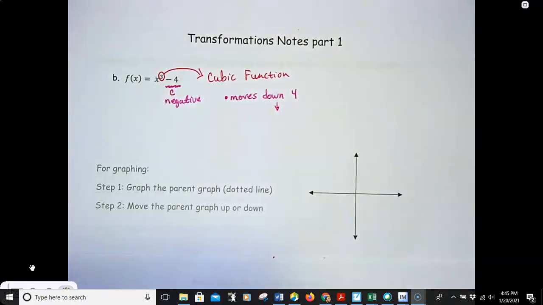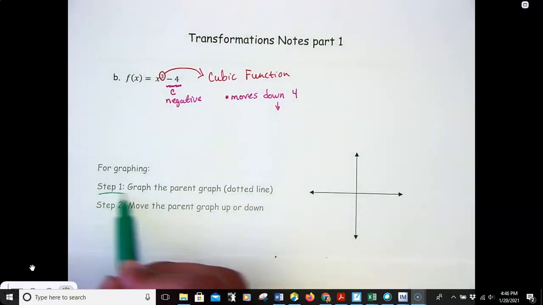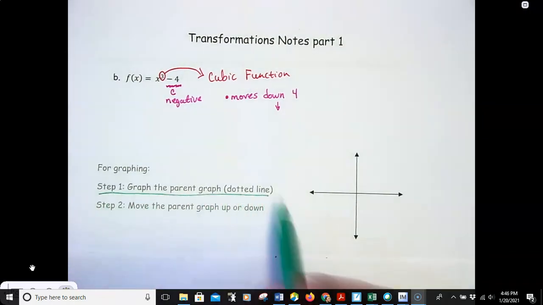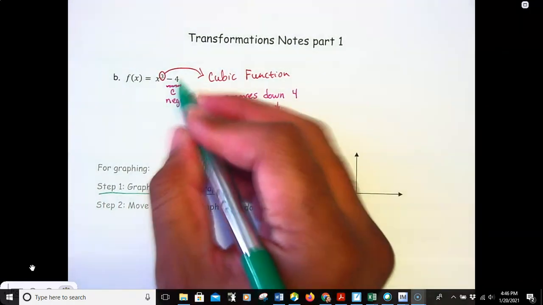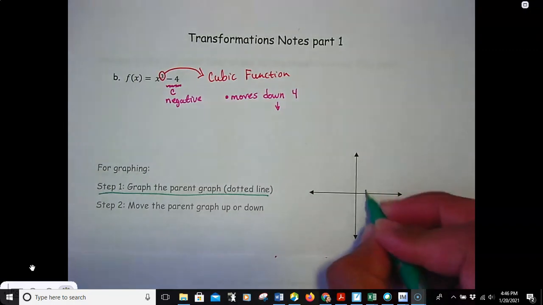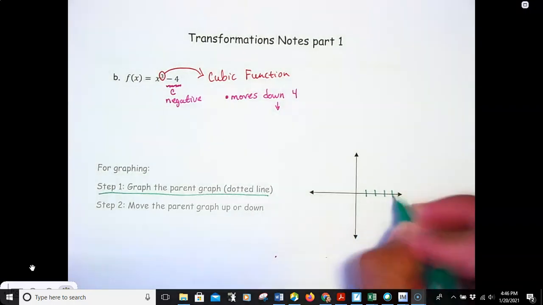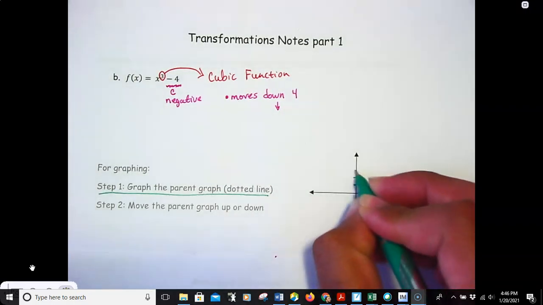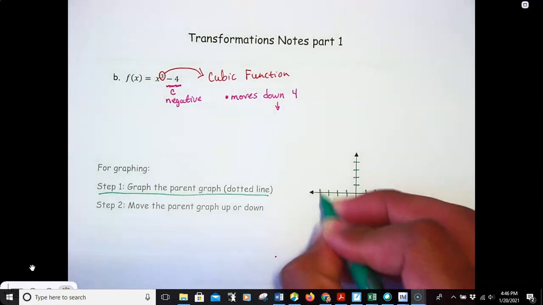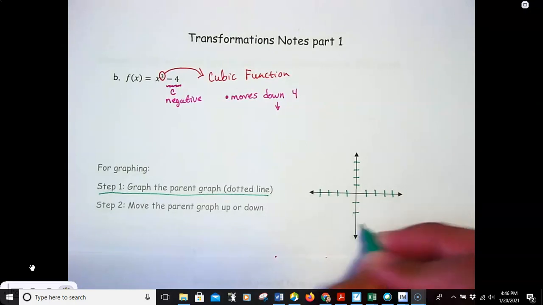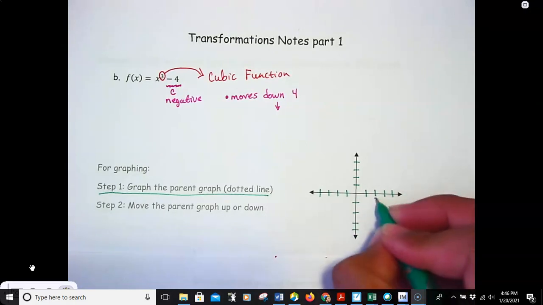All right, so then let's go ahead and graph it again. All right, so here we're going to graph it out, and it says graph the parent graph with the dotted line. So here again, 4 is going to be the biggest number, so I'm going to do 4 in all 4 directions. I'm going to label.